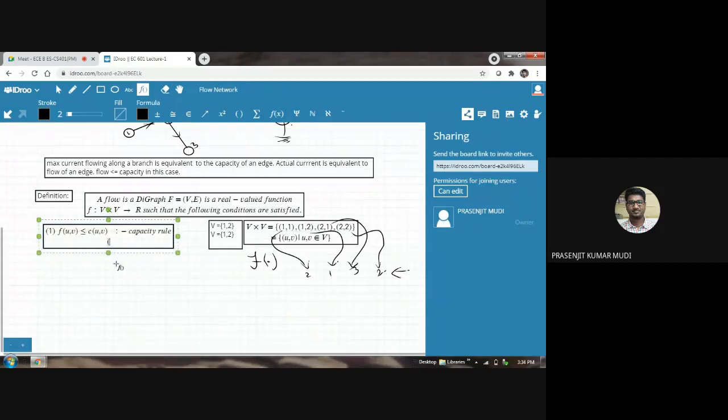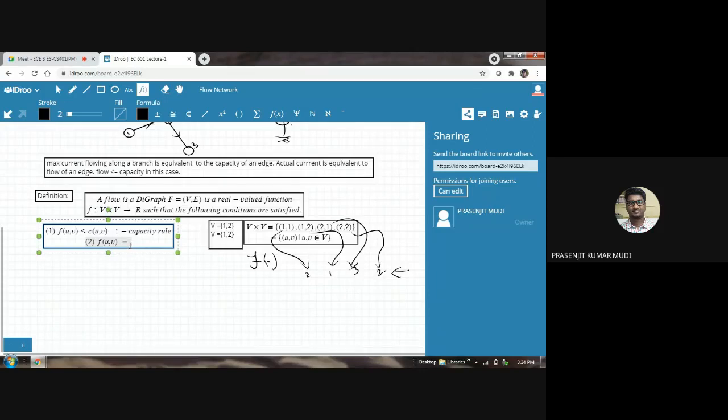And the next condition: in a directed graph, because it depends on the direction, it is equivalent to actual current flow. So current does have a direction.